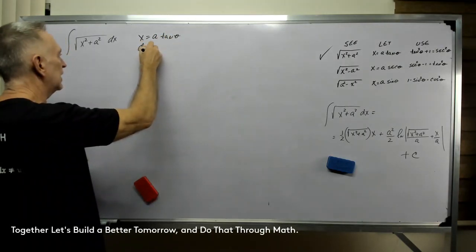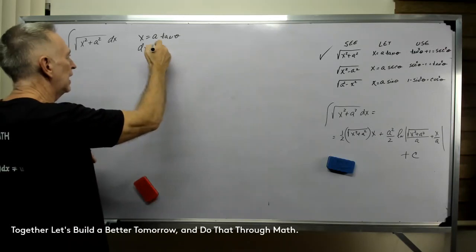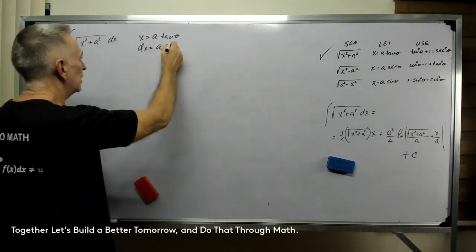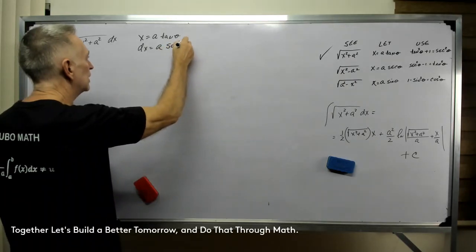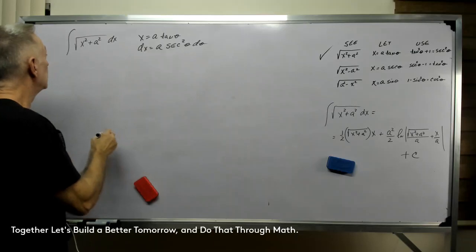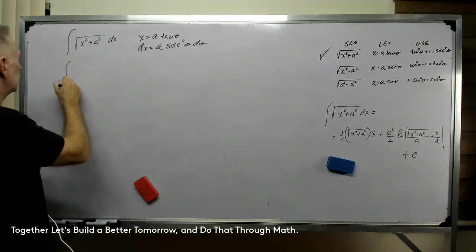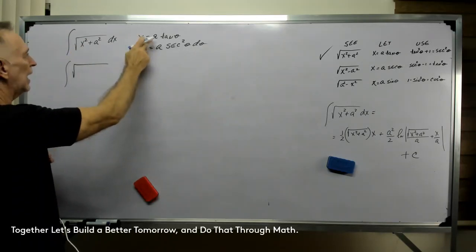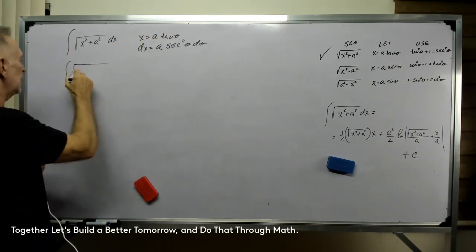Dx then, if we take the derivative of that, a is a constant, the derivative of tangent is secant squared theta, chain rule, d theta. Now then, I can go back to my integral here, and I can say a tangent theta is x.